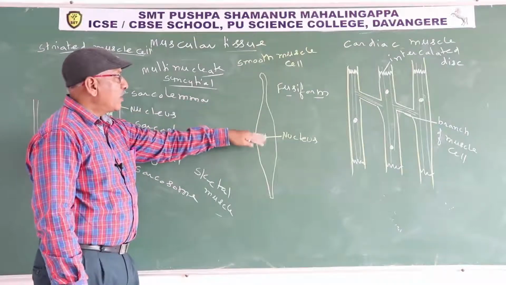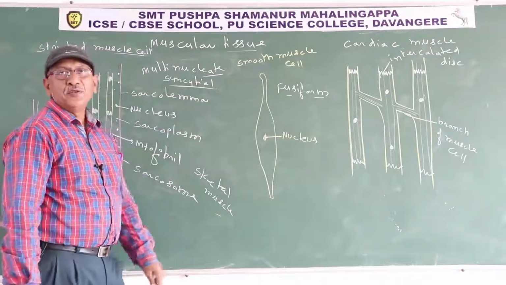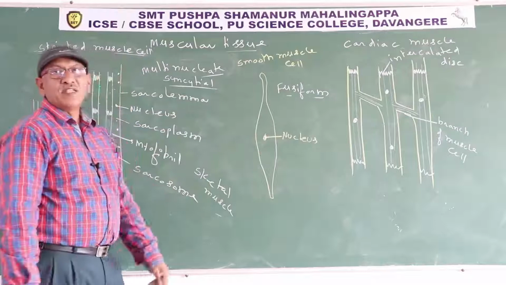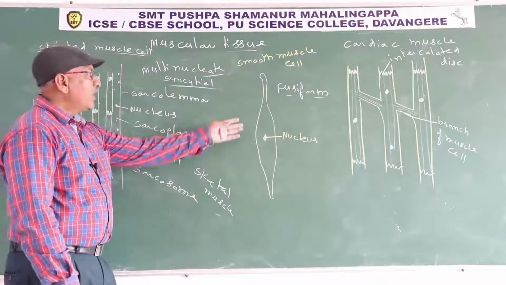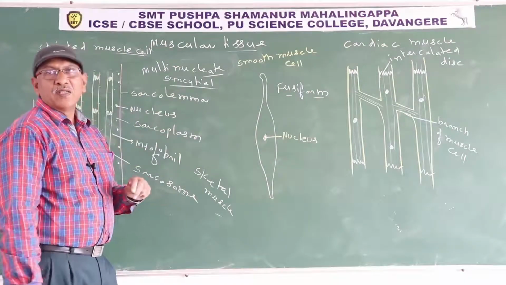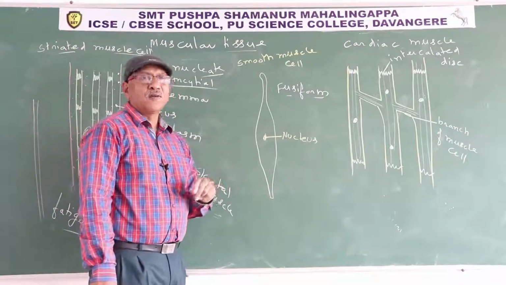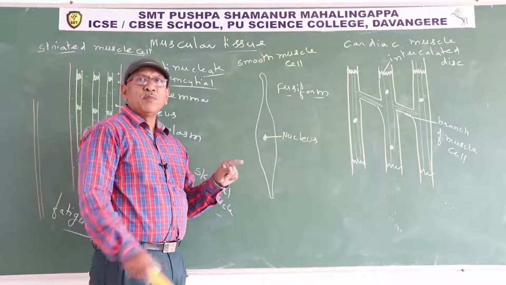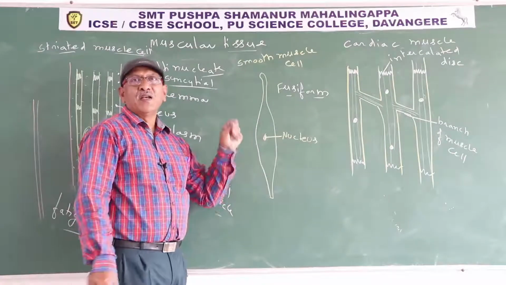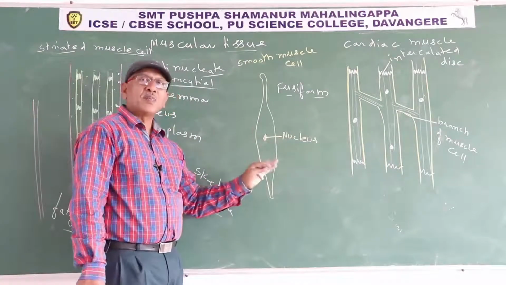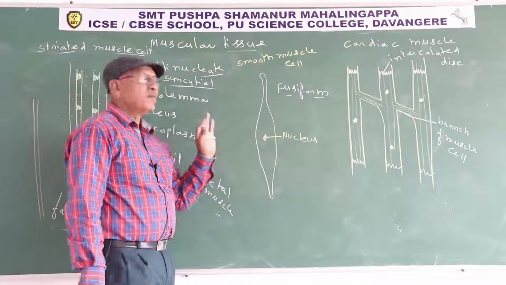Smooth muscle cells are uninucleate. Only one nucleus is present. We already discussed why they are known as smooth muscle. In the myofibril of smooth muscle cell, myosin and actin myofilaments are present side by side. That's why striations do not appear, lines do not appear.